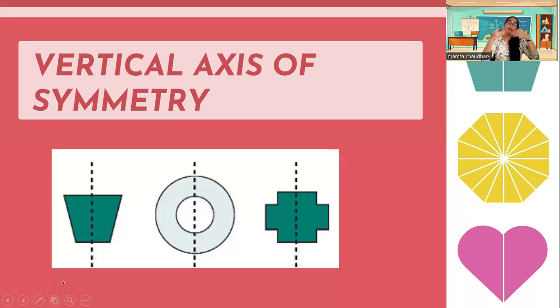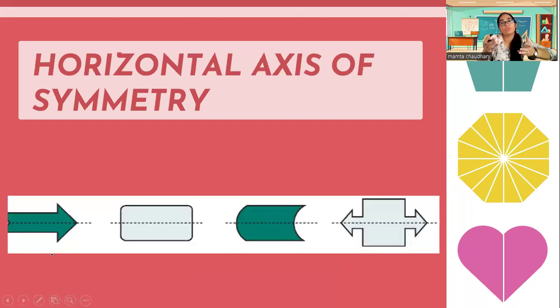Now, basically, how can we draw lines of symmetry, or what different types of lines of symmetry do we have? First, we have vertical lines of symmetry. In such objects, you can see that we have vertical lines of symmetry. It means a standing line. You can divide into two exact halves by standing lines. Next, we have horizontal line of symmetry. It means a sleeping line. If we can draw like this, then also we are dividing an object into two equal halves.